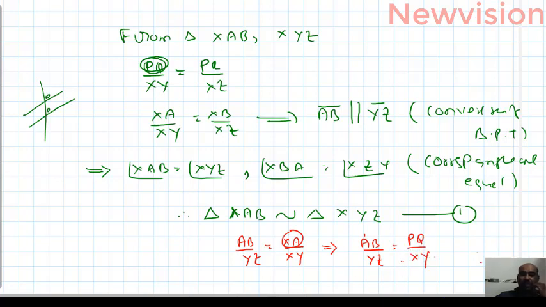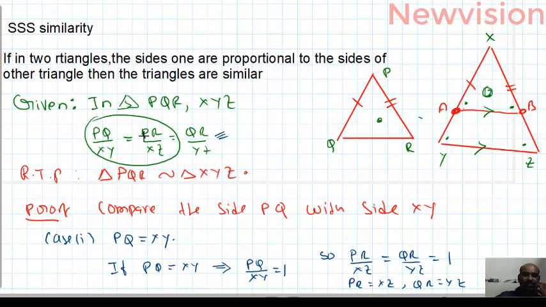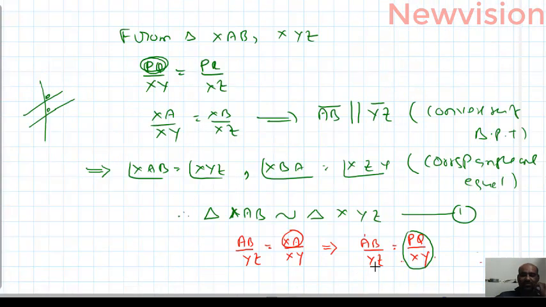Next, instead of PQ by XY, I can write PR by XZ or QR by YZ, anything you can write. So I will write QR by YZ. So AB by YZ equals QR by YZ.